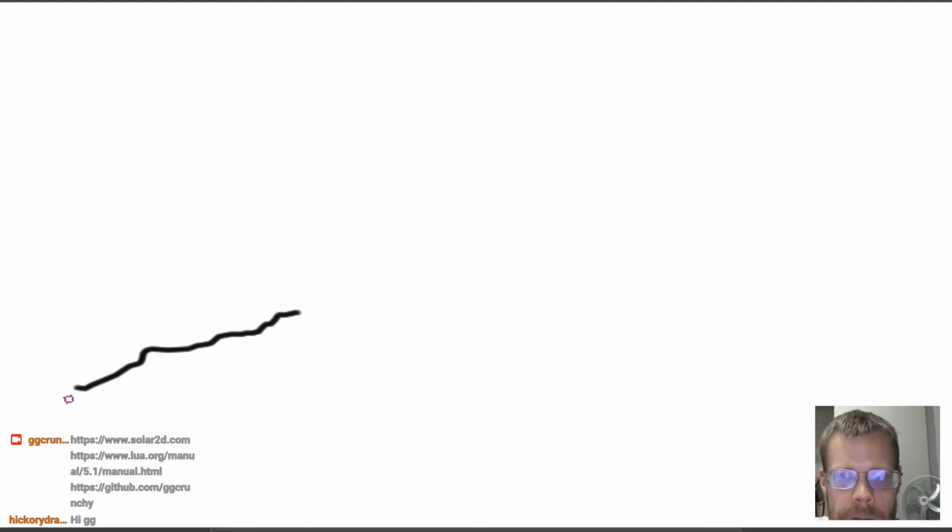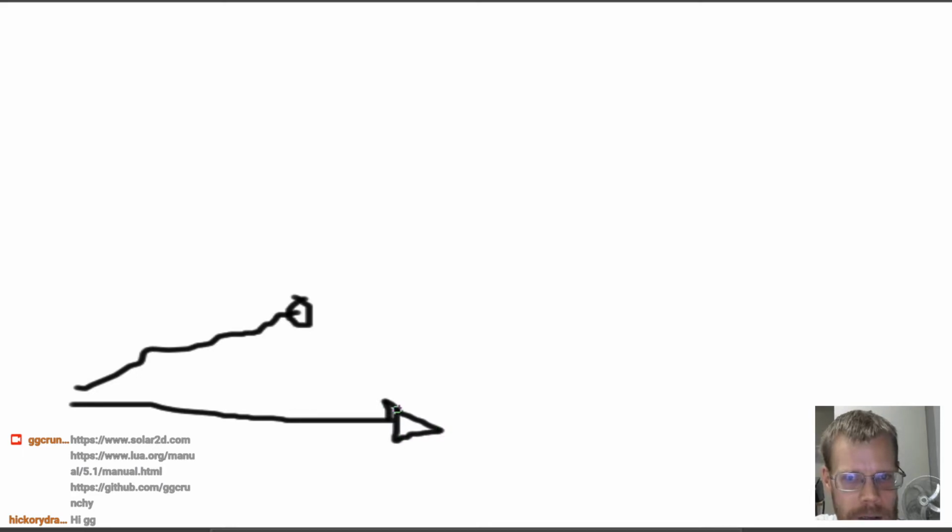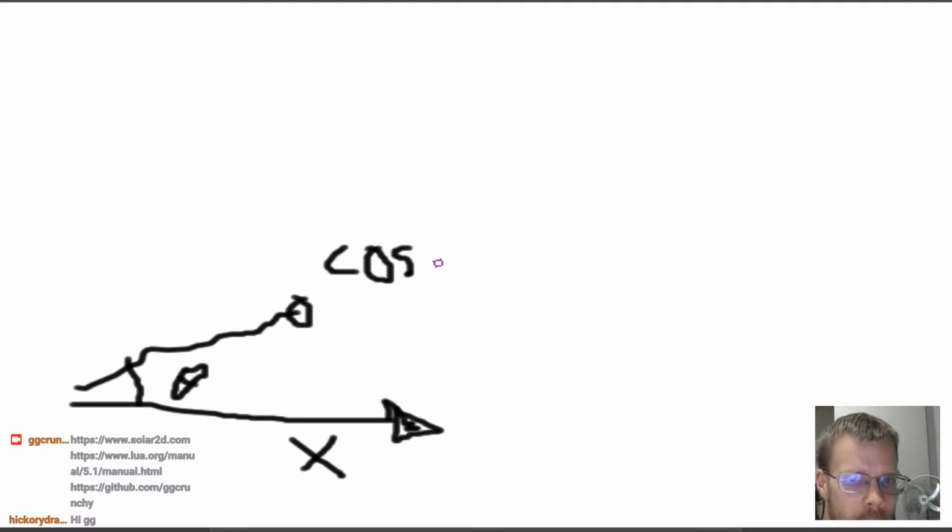So if we have one of our axes up here, and this is the normal x-axis, and we'll have some angle, and this position will be cosine, sine.